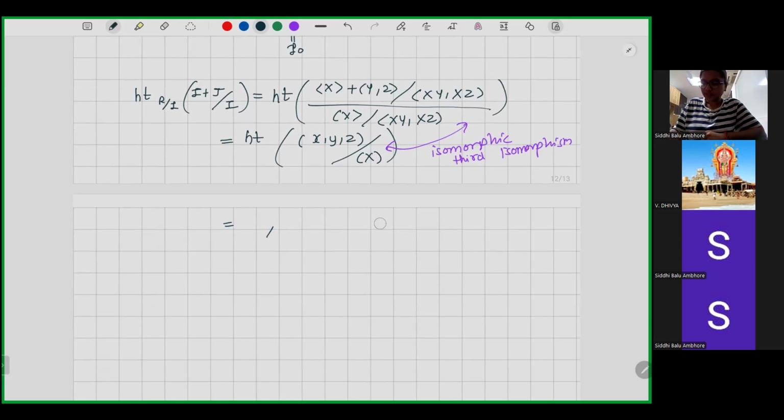This xyz, the height of this in y comma z, because we are going quotient.